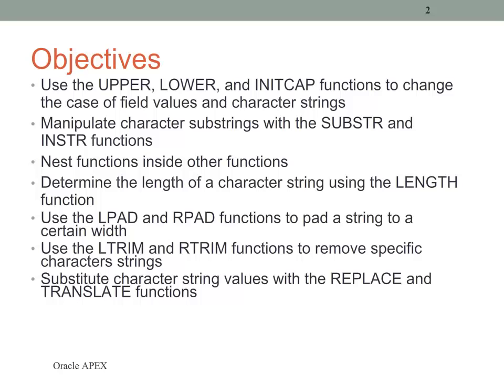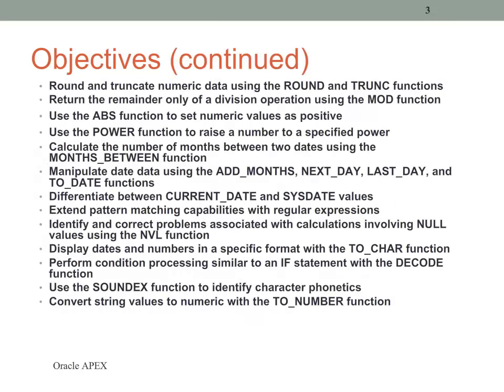Adding to this, we'll round and truncate number data using the round and trunc functions. We're going to use the mod function and the abs function to set numeric values as positive or absolute.